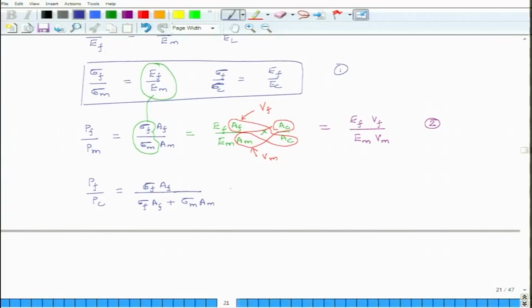Okay. Now, you divide the numerator and denominator by sigma m. So, you get sigma f by sigma m Af over sigma f by sigma m Af plus Am. Okay. What is sigma f by sigma m?